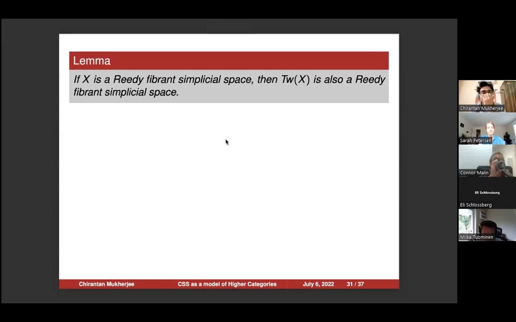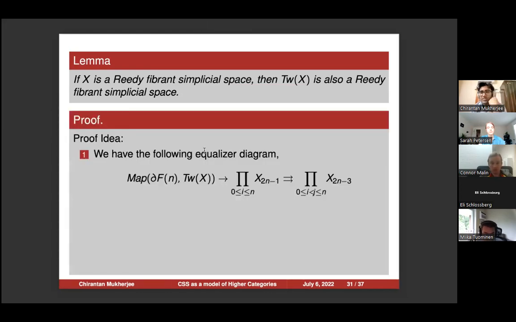So if we have a Reedy fibrant simplicial space X given to us, then we need to show that the twisted arrow of a Reedy fibrant simplicial space is a Reedy fibrant simplicial space. For this, we apply the following equalizer diagram, where we can write the boundary of a twisted X as the maps from the boundary to the product given by X_{n-1} and 2 maps to the product of X_{n-3}.